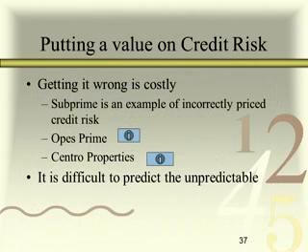Getting it wrong, though, is very costly. Here's the two from here. Subprime, the big event in the U.S., is an example of incorrectly priced credit risk. Credit was so easy, anybody could get it. People, again, if they could, were going in, just like here, housing prices were going up quite well.